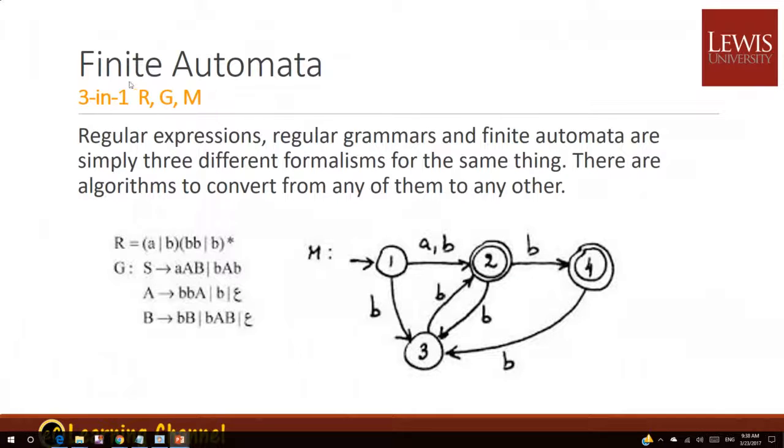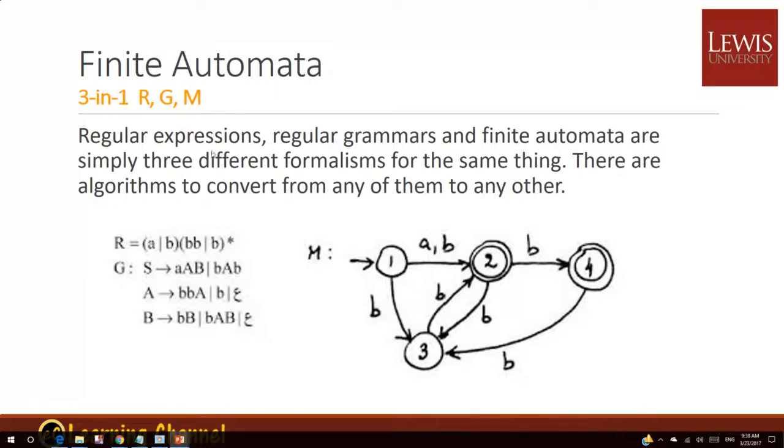And before we begin the discussion of regular expression, we are going to talk about finite automata, the 3-in-1, RGM. R is for rule, G for grammar. I'm sorry, R is for regular expression, G for grammar, and M for machine or state.